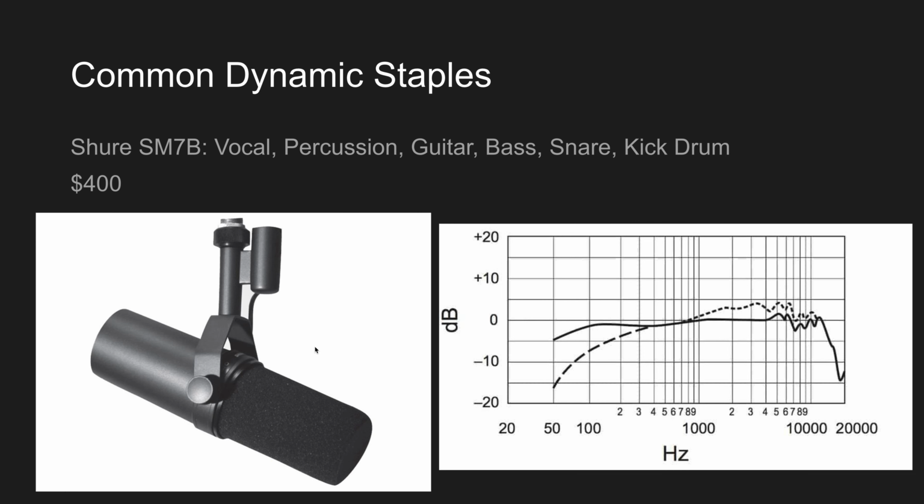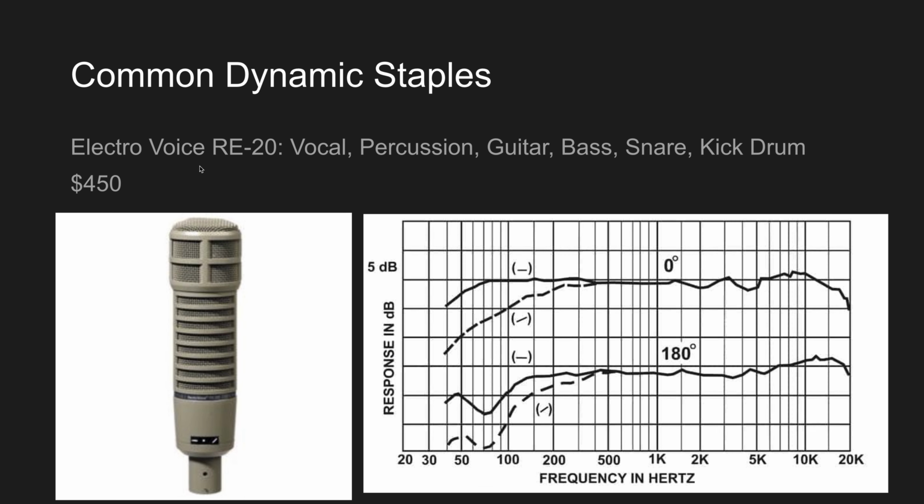And then you have your Electro-Voice RE20. I believe it was made in the 80s, maybe late 70s. But by the 90s, this was the broadcast staple microphone, but also, like I just said, anything that sounds good for broadcast is going to sound amazing on vocals.